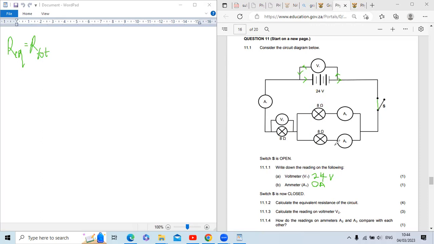So if you can see, these two resistors here are connected in parallel, and this one is connected in series. So that means we already know that our R total is equal to the resistance in series plus the resistance in parallel.